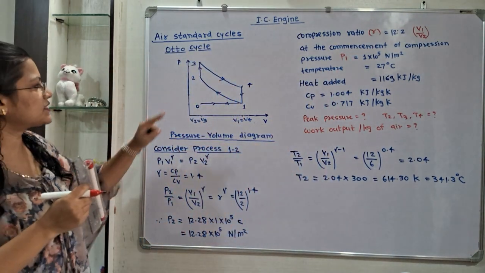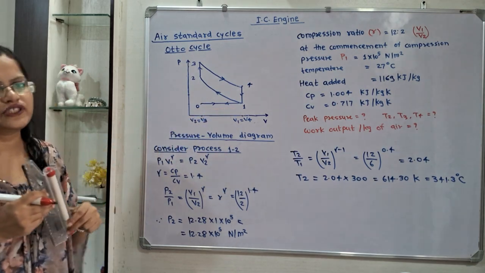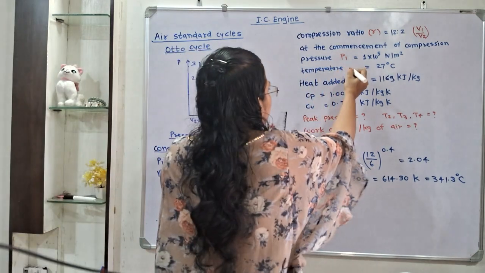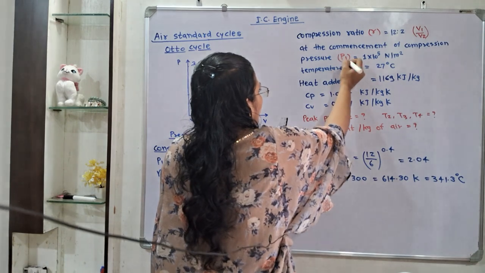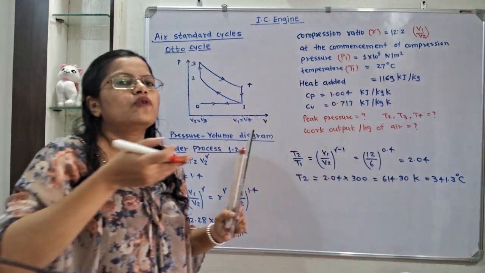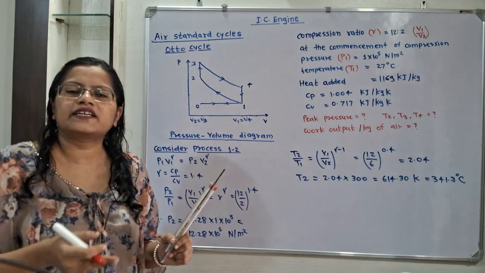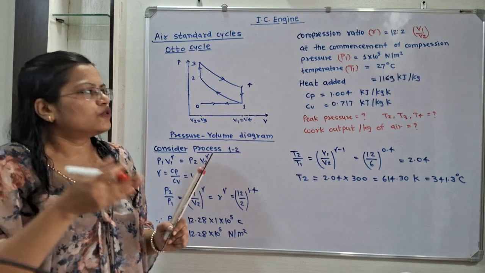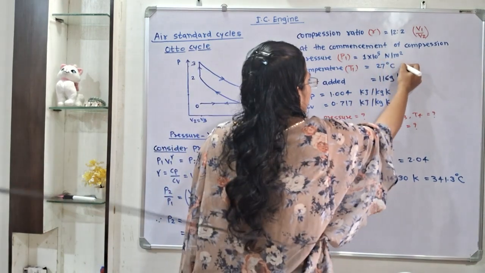Then temperature is given as 27 degrees Celsius. So at the beginning the temperature is T1, which is 27 degrees Celsius. For the calculation we have to consider this temperature in Kelvin, so we will convert degrees Celsius into Kelvin: 27 plus 273 is equal to 300 Kelvin.